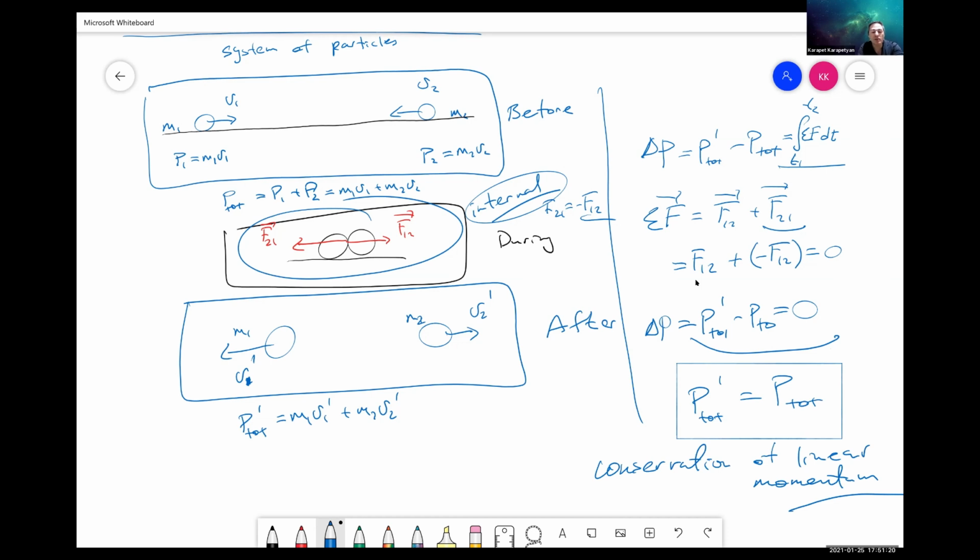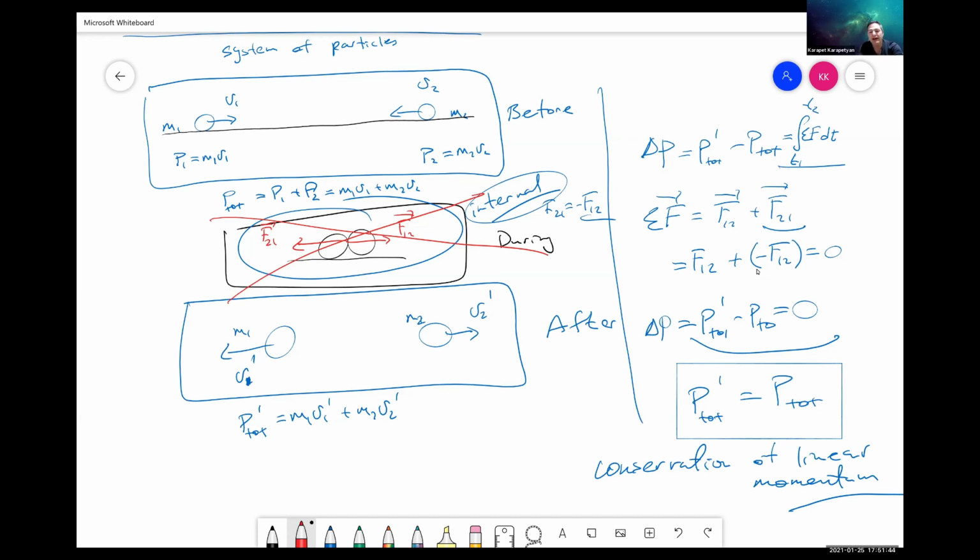That means I can go back and completely ignore the during-the-collision portion of the 3 parts, because during the collision nothing is happening that I can use, since forces acting on the system cancel each other.